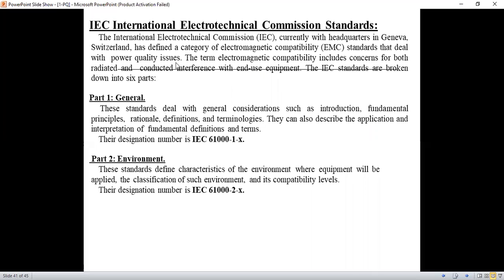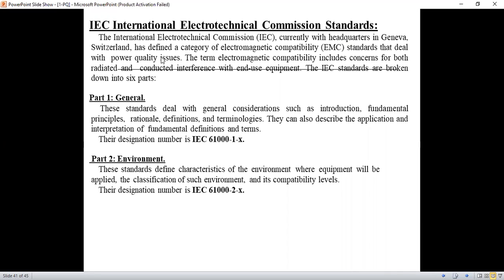The IEC is currently working with headquarters in Geneva, Switzerland. The IEC standards have been formed for power quality purposes.